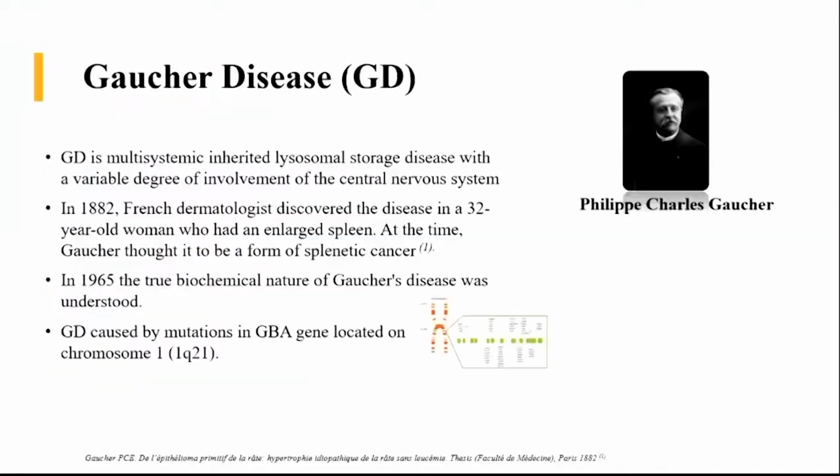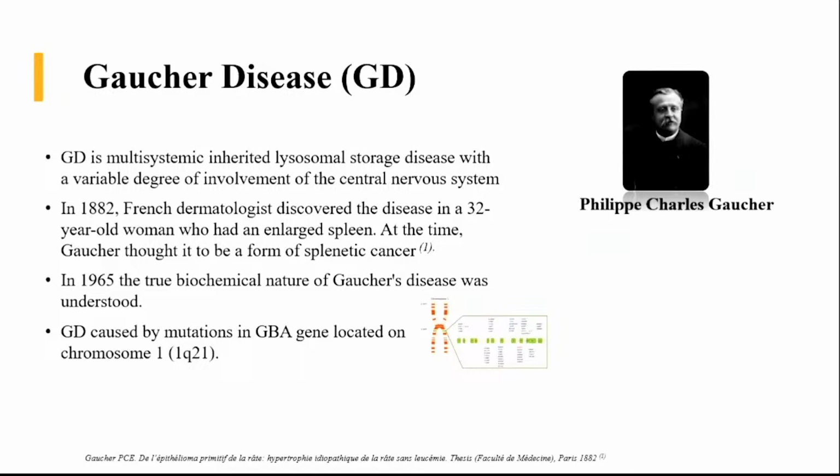So starting with Gaucher disease, it's a multi-systemic inherited lysosomal storage disease with variable degree of involvement of the central nervous system. It was first described in 1882 by the French dermatologist Philippe Charles Gaucher. He described a 32-year-old woman with big splenomegaly, and they thought at that time that it was splenic cancer.